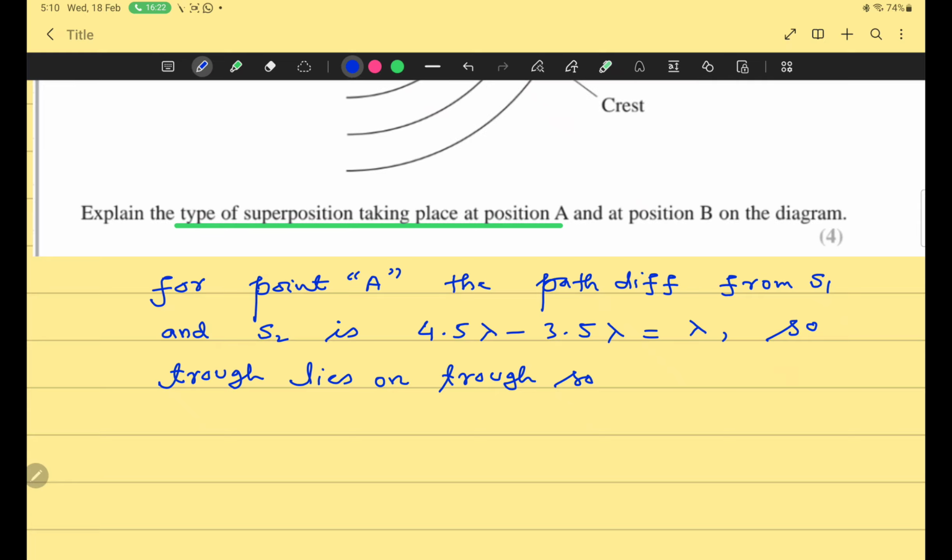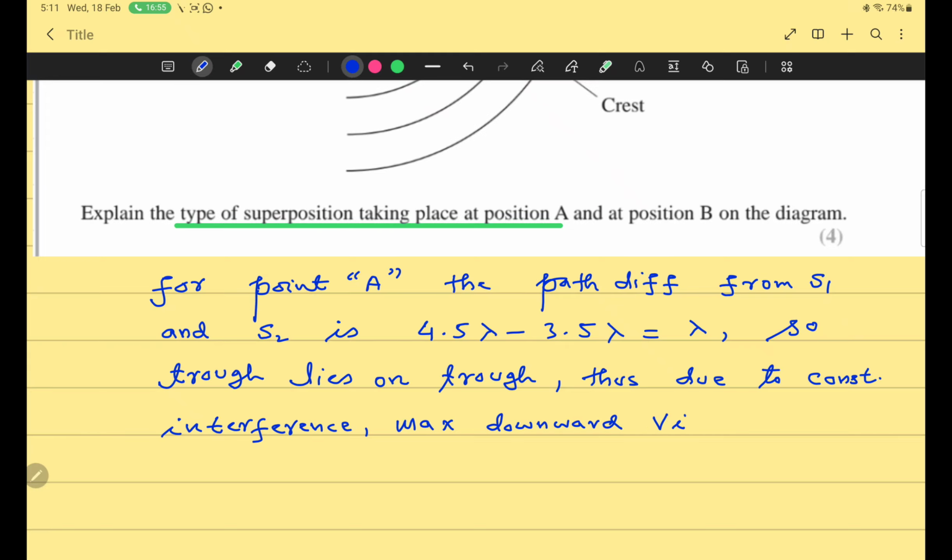So thus, due to constructive interference, maximum downward vibration, because both are troughs, maximum downward vibration is obtained.